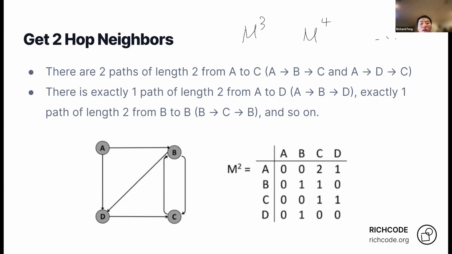So why can we not do B to C? What do you mean? Oh, okay, I see. There is no way from B to C in 2 jumps exactly. Okay, so that is how to get 2 hop neighbors.